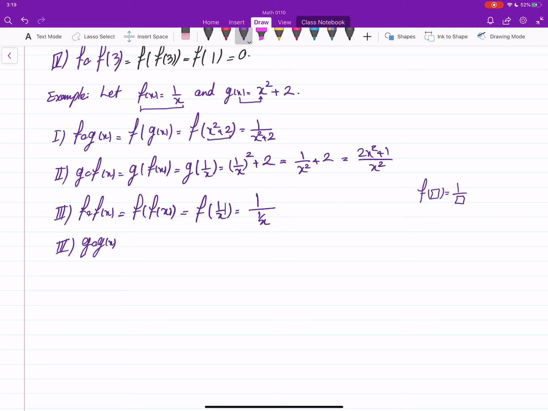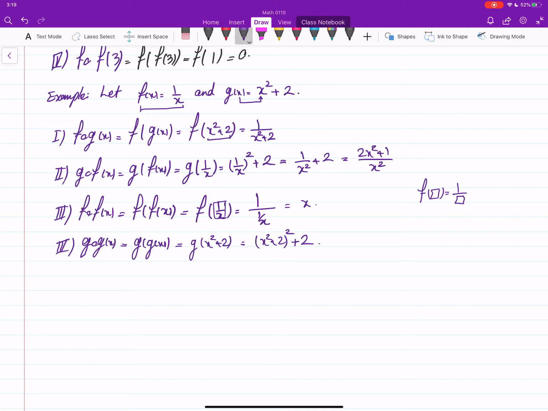Here now we are given 1 over x, it will be inverse of that, and you can simplify that and get x. And g o g here will be g of g of x, and that gives us g of x squared plus 2, which is the same thing as x squared plus 2, squared, plus 2.